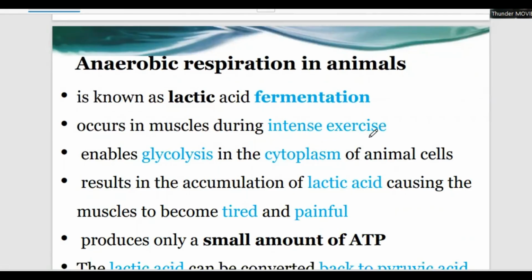It involves glycolysis in the cytoplasm of the animal cell, and this results in accumulation of lactic acid, causing the muscles to become tired and painful. That's what I was talking about.